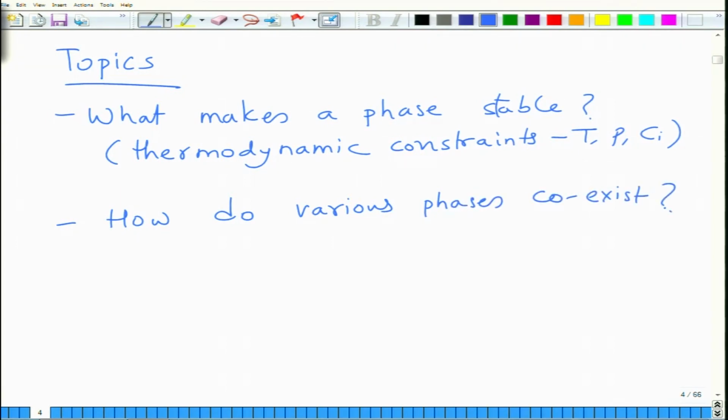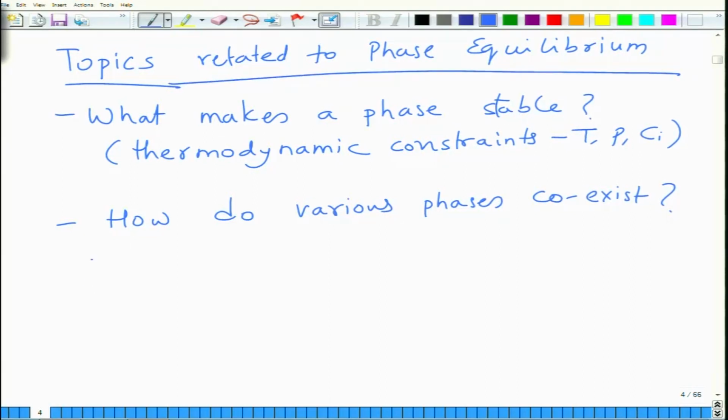We will see this later on in more detail, but these are the questions that we need to answer in phase equilibrium. These are topics related to phase equilibrium.